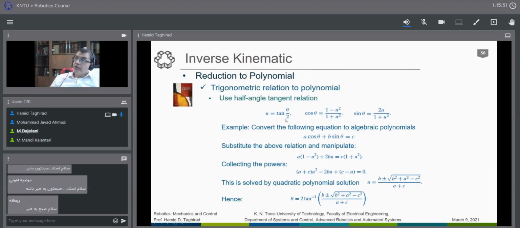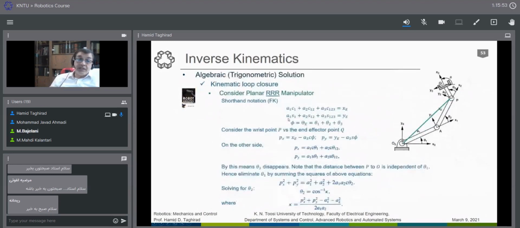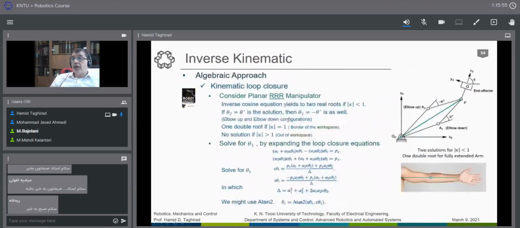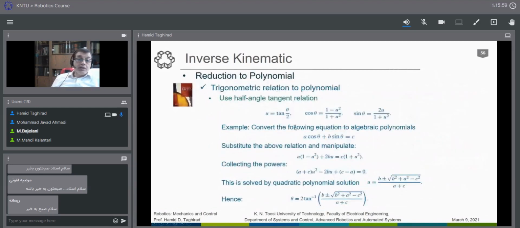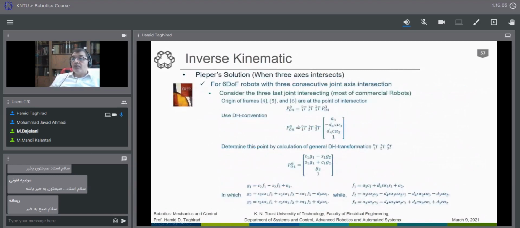So consider these three methods: the basic method, either algebraic or geometric, or reformulating it into a polynomial. Now we can go to some real problems.